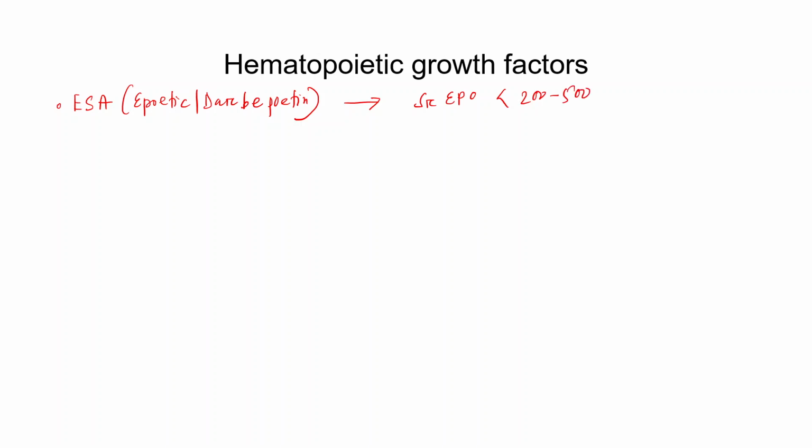You can remember, if EPO level is less than 500 units per liter, then erythropoietin stimulating agents can be given. However, before giving them, your iron stores should be adequate.